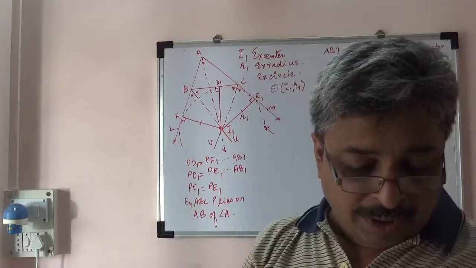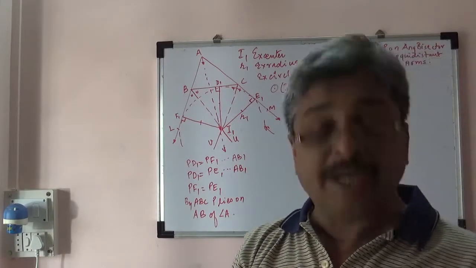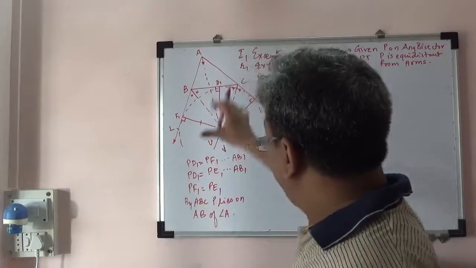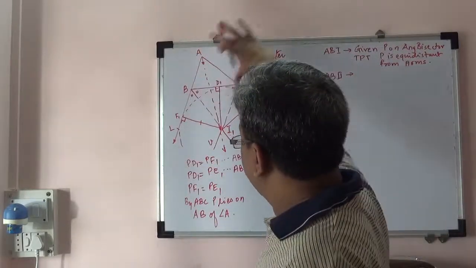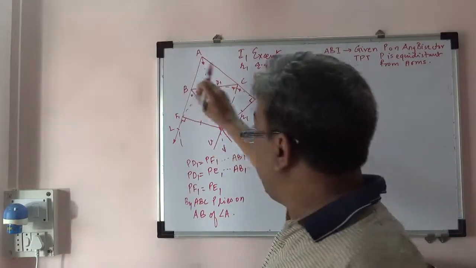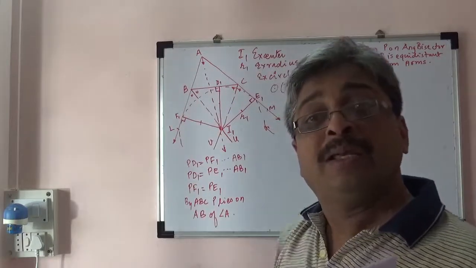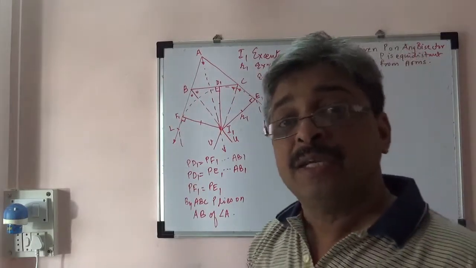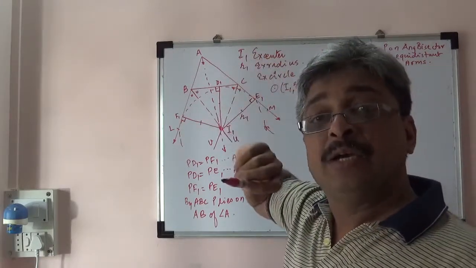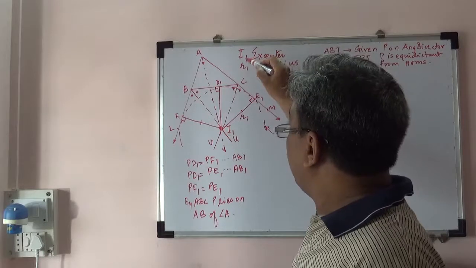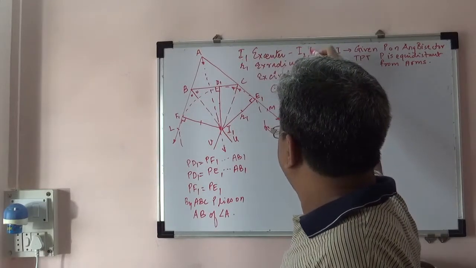Let me tell you right away that whatever work we have done opposite to angle A, similar work can be done opposite to angle B and opposite to angle C. So if there exists one excircle, that means there exist three excircles. If there exists one excenter, there exist two more excenters, and they are denoted by I2 and I3.